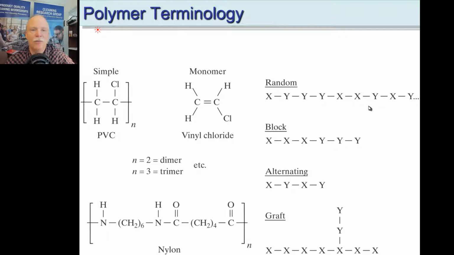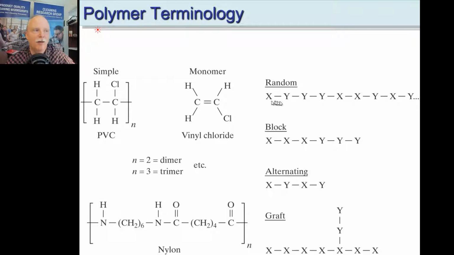You might also have block polymerization, where you have the chlorine on the right 3 times and then on the left 3 times. Now these different kinds of units can join together as well with different types of monomers. So if you have vinyl chloride and some other kind of polymeric monomer, then you might have a vinyl chloride and then maybe a styrene.